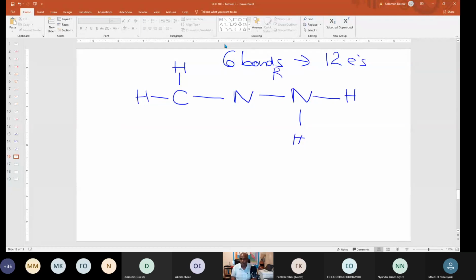What is the balance? Balance is 6 electrons. Now tell me which element should be given its octet first? Nitrogen. The second nitrogen.